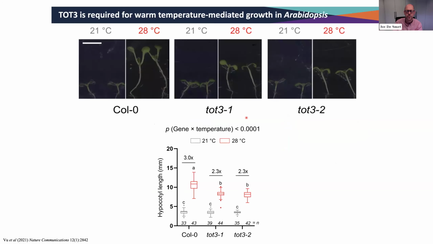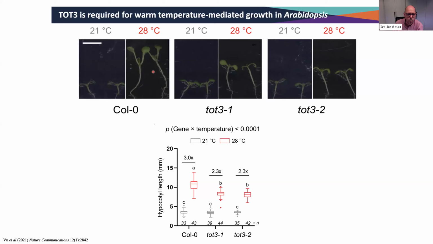But the most intriguing part was, of course, when we were looking at loss of function lines, when we were looking at the phenotypes, we saw that in Arabidopsis 2 independent alleles, and we can also complement this phenotype with our TOT3 GFP fusion.